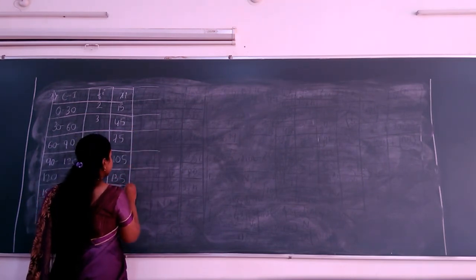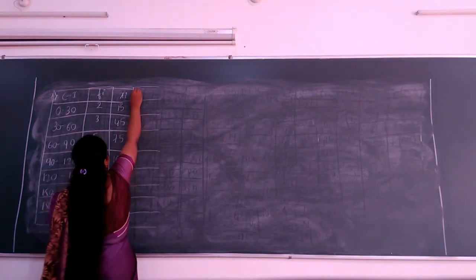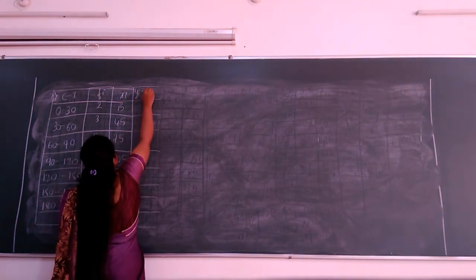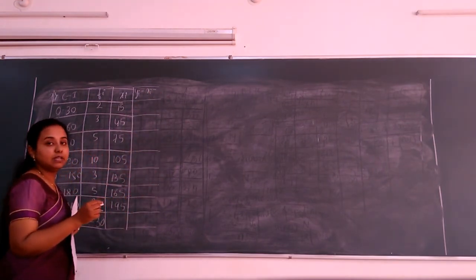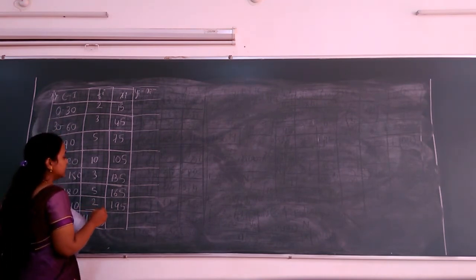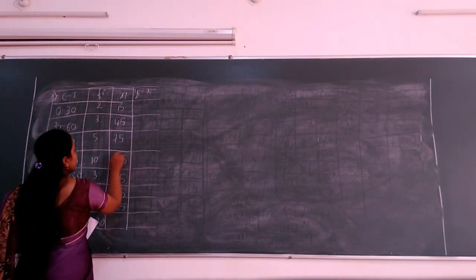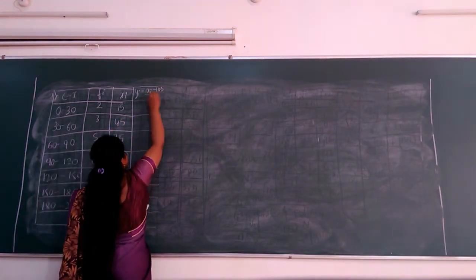Okay, as I have already said, we will solve using the shortcut method. Using the shortcut method means these xi's have to be converted to yi's. How do you convert? Each xi will be subtracted from the assumed mean. The assumed mean will be a middlemost value. Which is the middlemost value? That is 105. Then divide by the width.